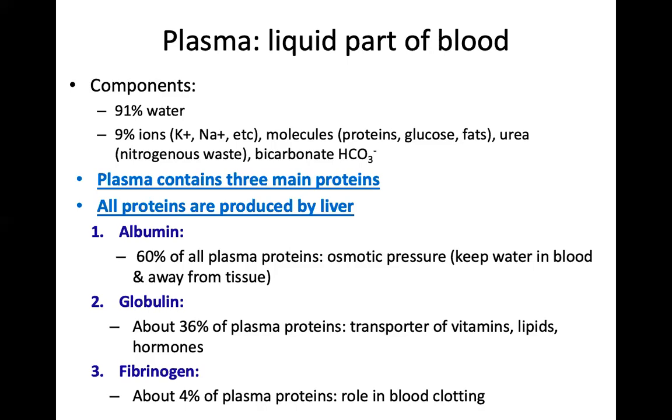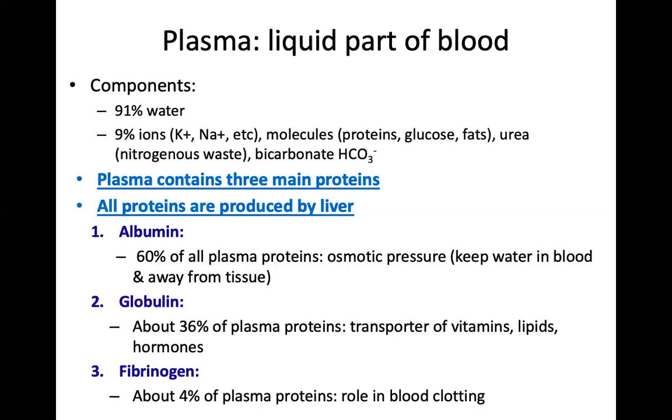The decrease in albumin level in a person with liver disease will cause a decrease in the osmotic pressure, which means water will move from blood vessels into your tissue and therefore cause tissue swelling, which is also known as edema. So if you can see tissues being swollen, like in pregnant women, there's a good possibility that the albumin level in these individuals is lower.